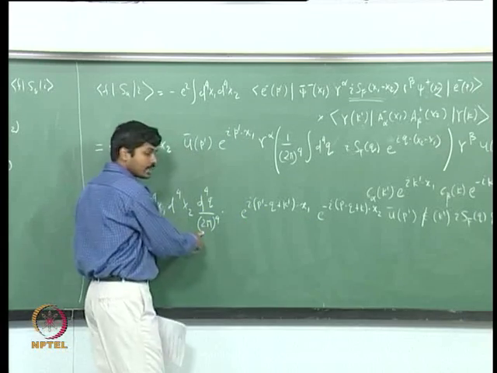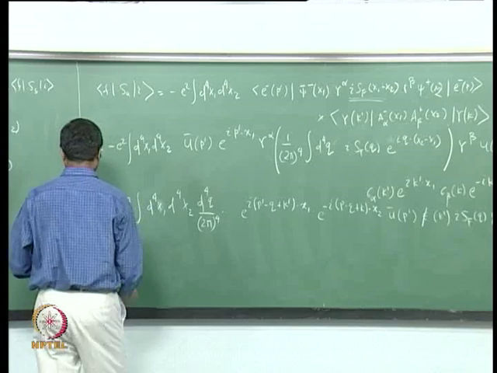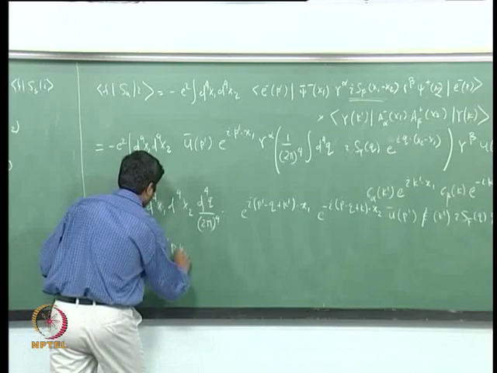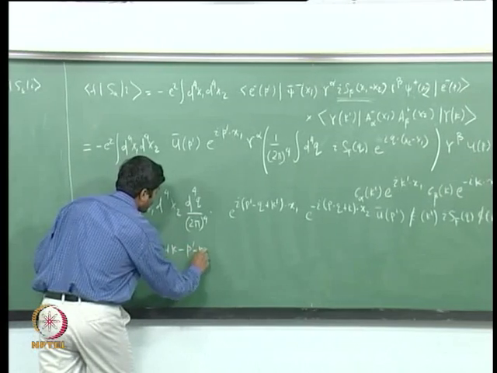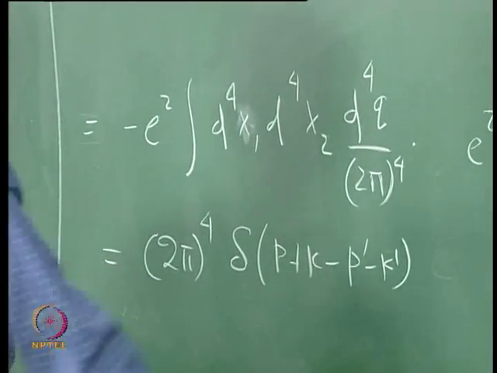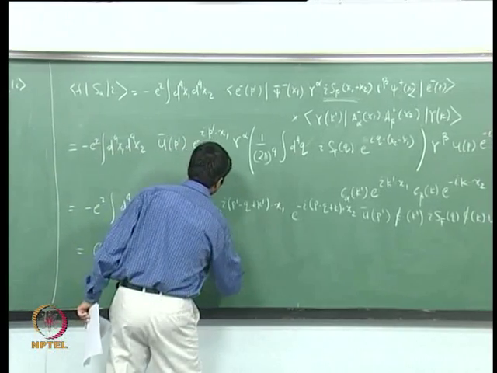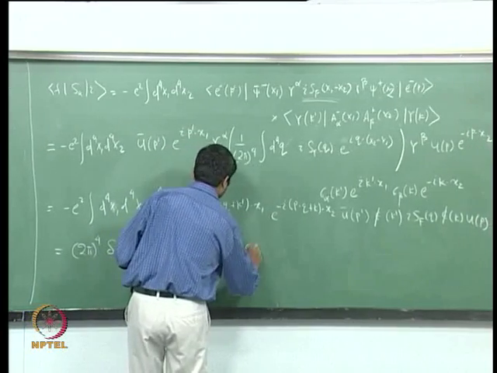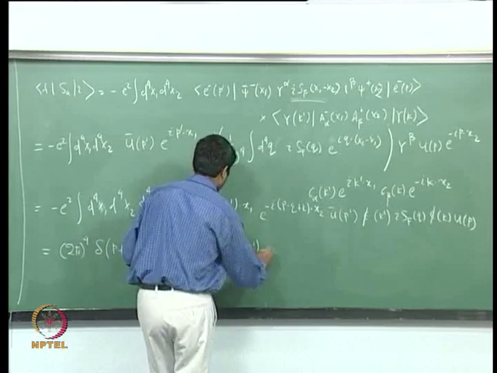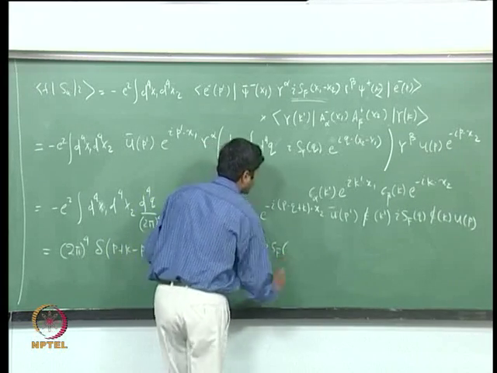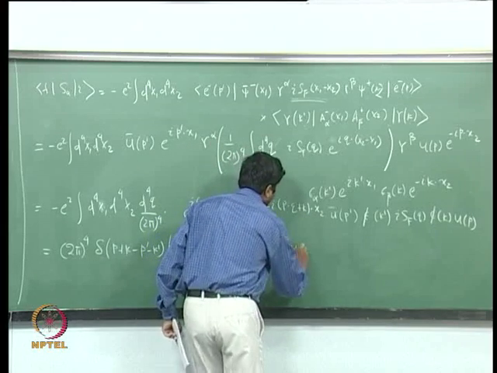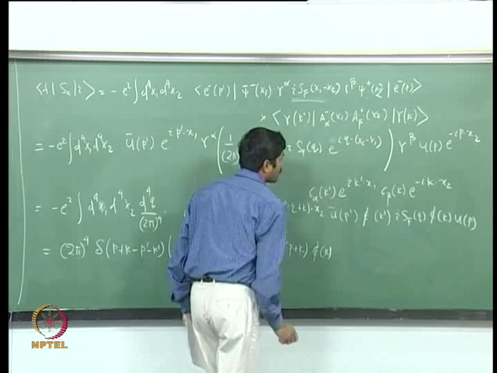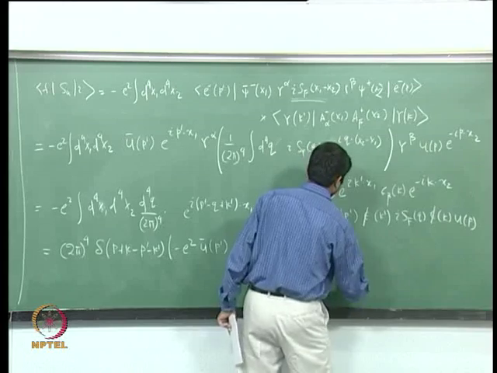One of them will cancel with this one, and the remaining is 2 pi to the power 4 delta of p plus k minus p prime minus k prime times this quantity: minus e square u bar p prime epsilon slash k prime i S_F of q, which is nothing but p plus k, epsilon slash of k u of p.